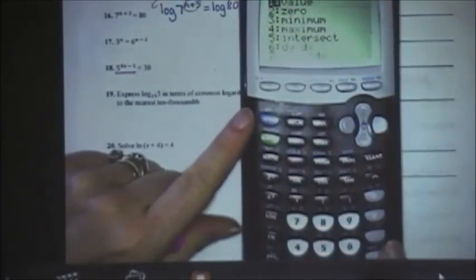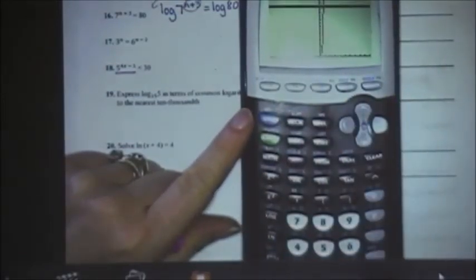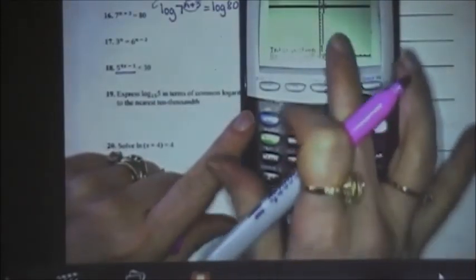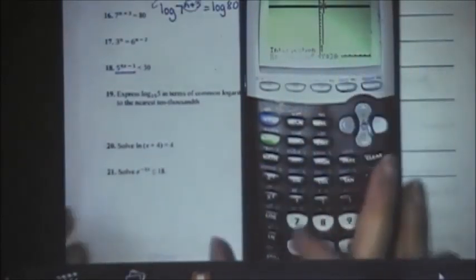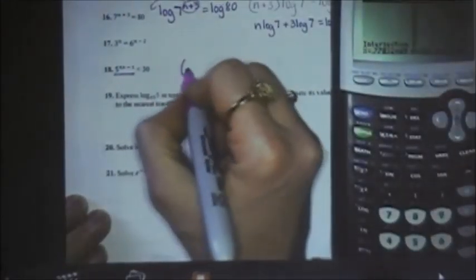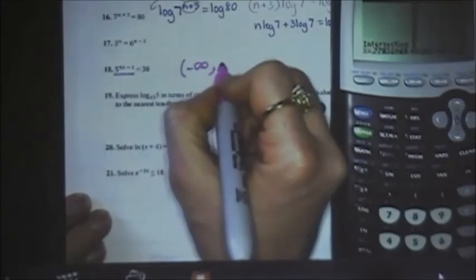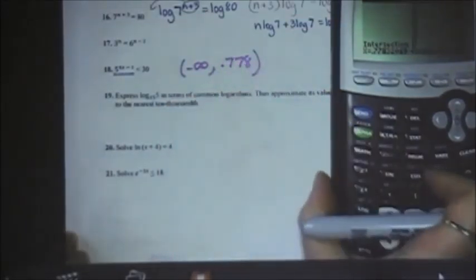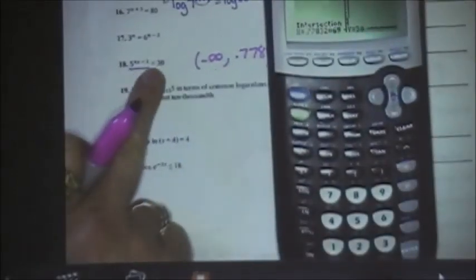So I'm going to do an intersect. It intersects at 0.778. And don't forget, these exponentials, they go to infinity. So I'm going to go from negative infinity to 0.778. And none of it's included because my original sign was just a less than sign.